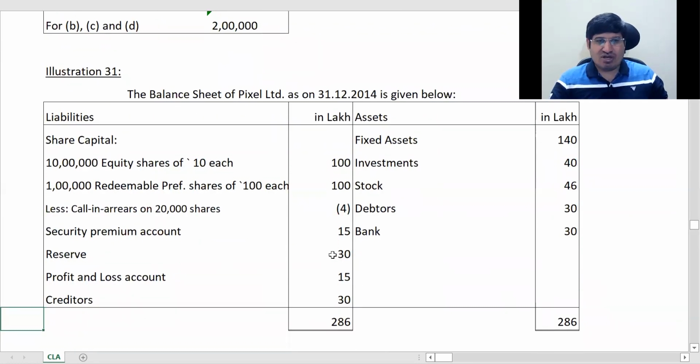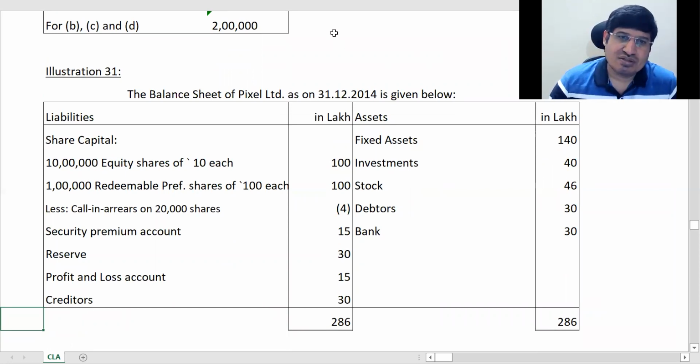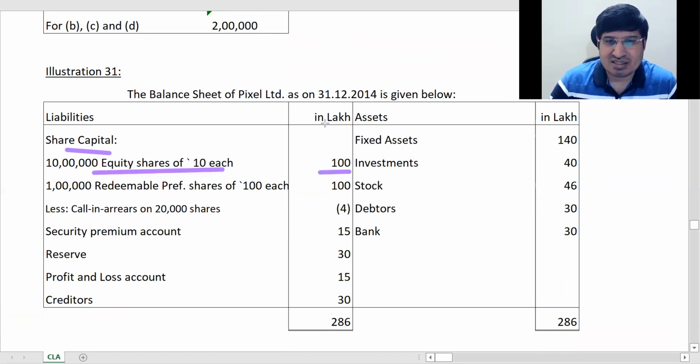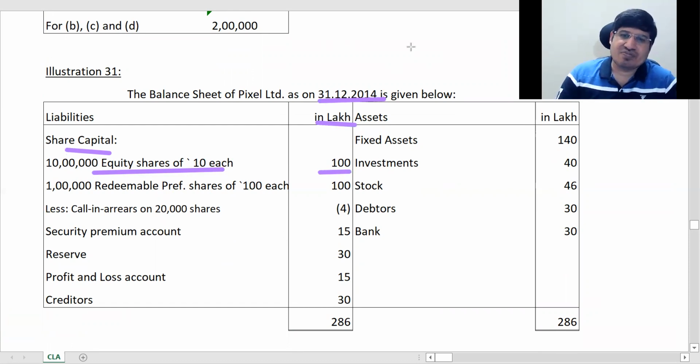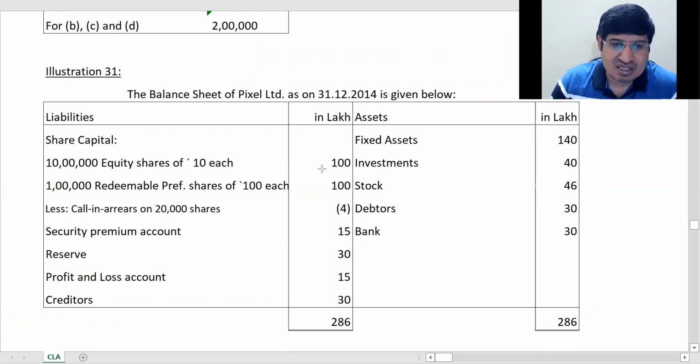So now we'll go for another problem. So here first, share capital is equity shares of 10 each, 100. This is in lakhs. Okay. Date is 31/12/2014. So this is 10 lakhs.